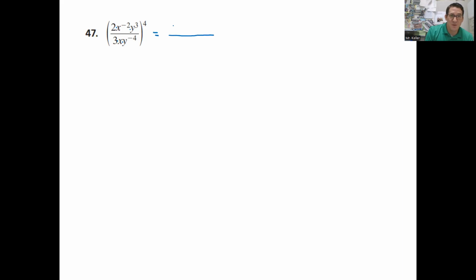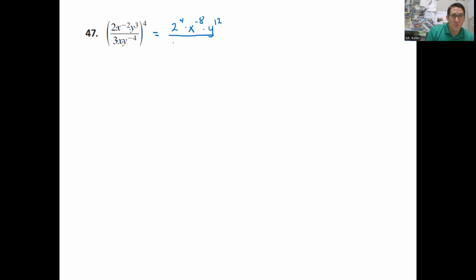So 2 to the 4th. X to the negative 2 to the 4th. I'm going to multiply those. So it's x, negative 2 times 4 is negative 8. Y to the 3rd to the 4th. 3 times 4 is 12. So that's y to the 12th.